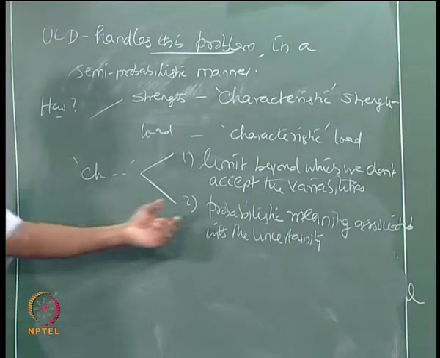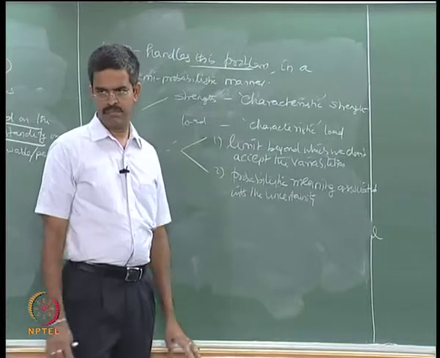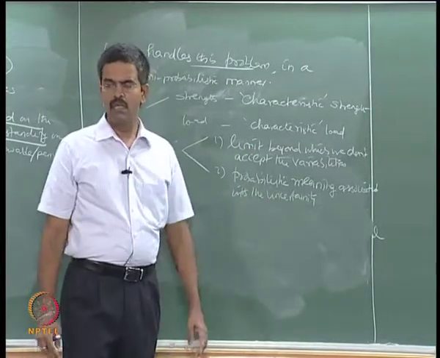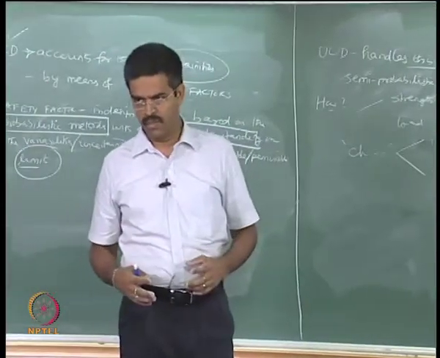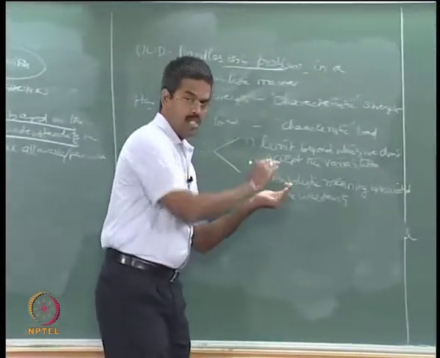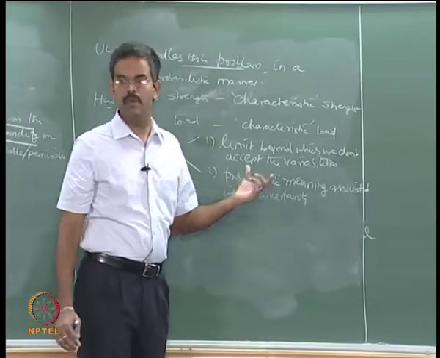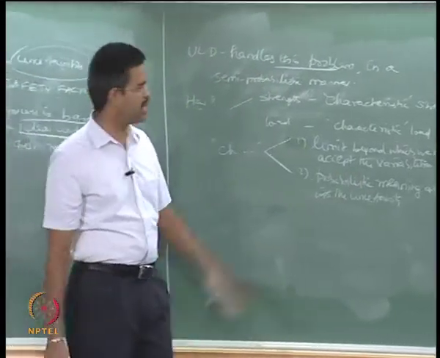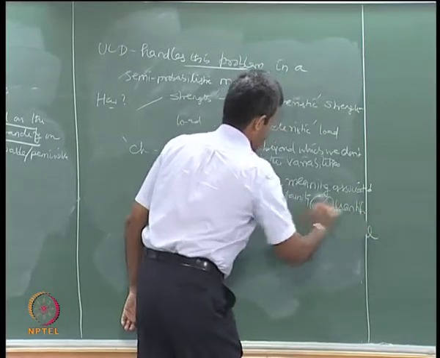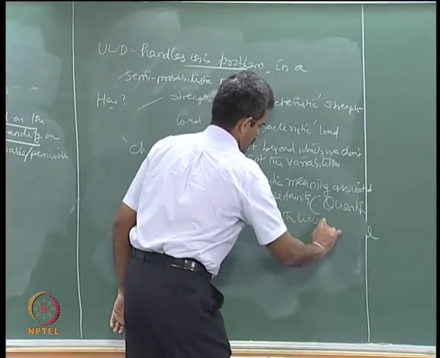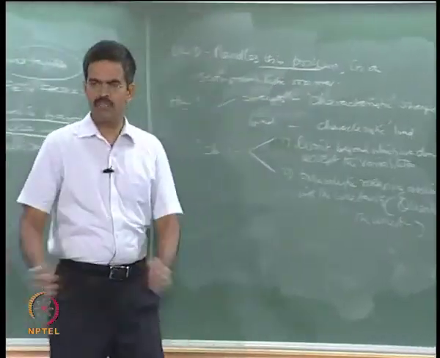The moment I say probabilistic, it gives a number, okay. It gives a number. Uncertainty is a general term, okay. It is a qualitative statement. This quantifies that uncertainty with a number, okay. So, I can say this actually quantifies the uncertainty. It quantifies.